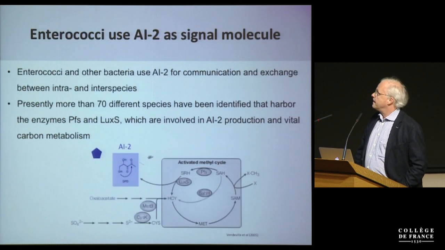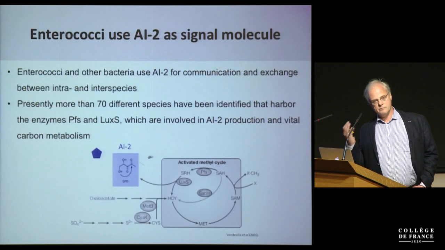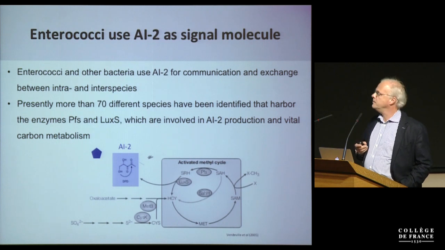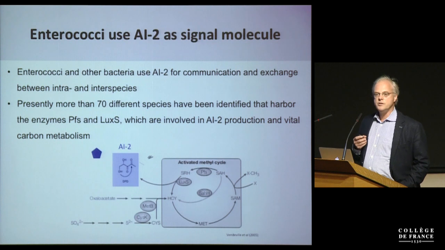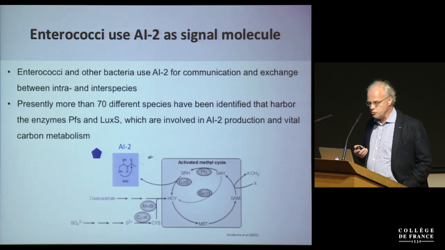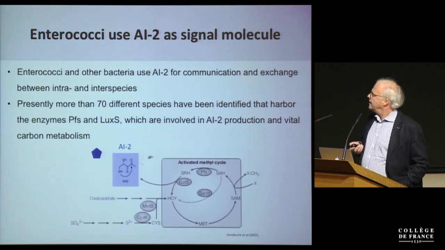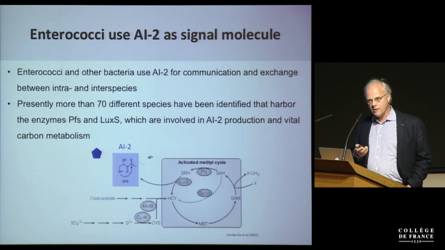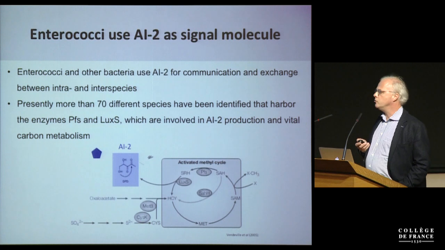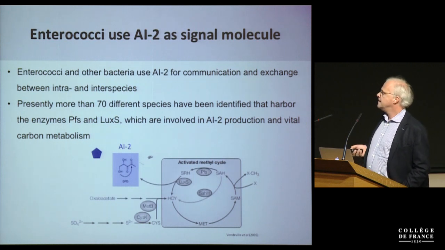So Enterococcus has LuxS, and that means, or that we thought means, that it probably uses autoinducer 2 as a signal molecule. We are going to hear more about autoinducer 2 tomorrow, but it's here only a quick introduction.